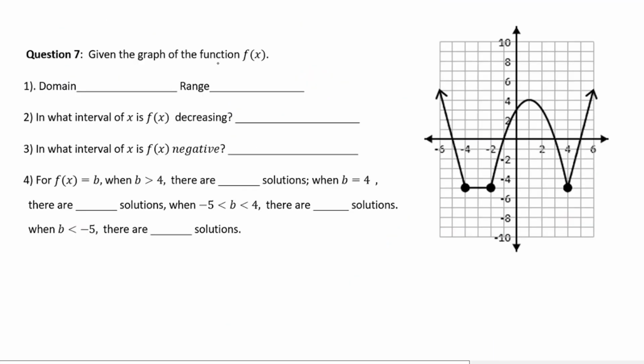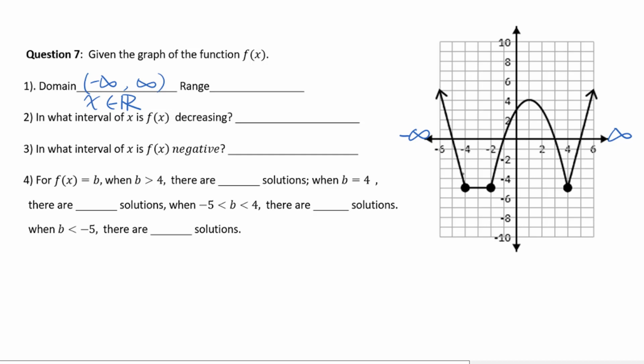Given the graph of the function f of x, check domain. Since no ending point on the left side, no ending point on the right side, therefore, domain is from negative infinity to positive infinity, or x belongs to all real numbers.